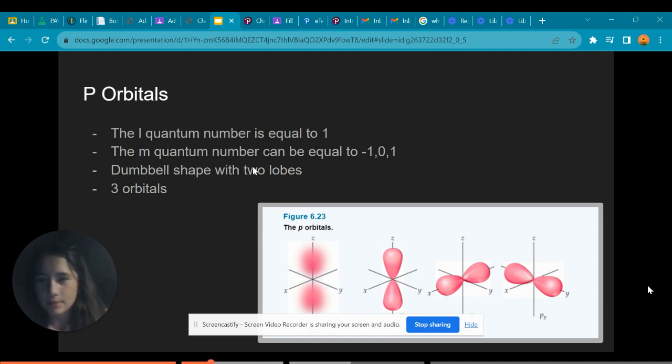The m quantum number can be equal to -1, 0, or 1, which just refers to how it's laying out. They look like a dumbbell shape with 2 lobes, and there are 3 different types of orbitals you can have in the p subshell. So you have pz, which is when it's like this, px, which is when it's like that, and py, which is when it's like this.